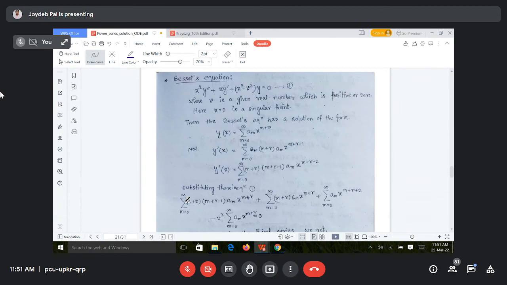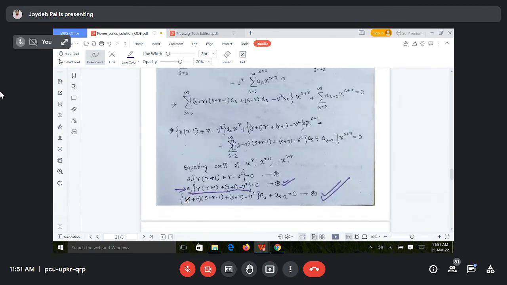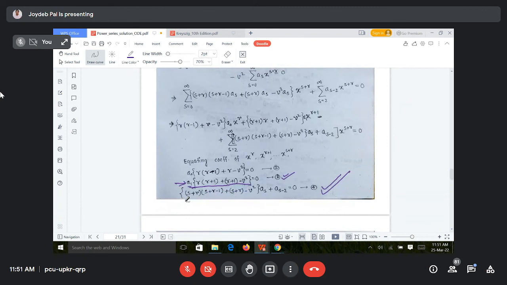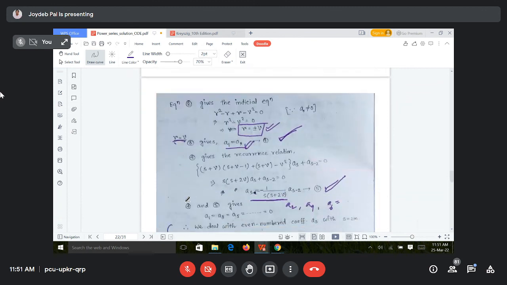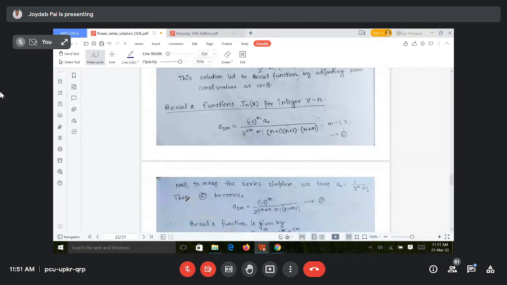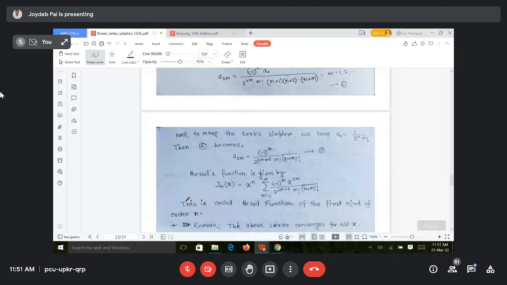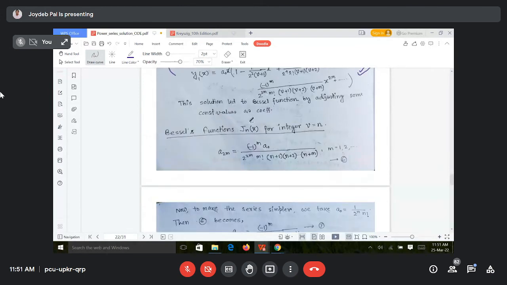So we are taking two different cases, nu integer and nu not integer. If nu is an integer, we are assuming it as n. We take nu equal to n whenever nu is an integer.